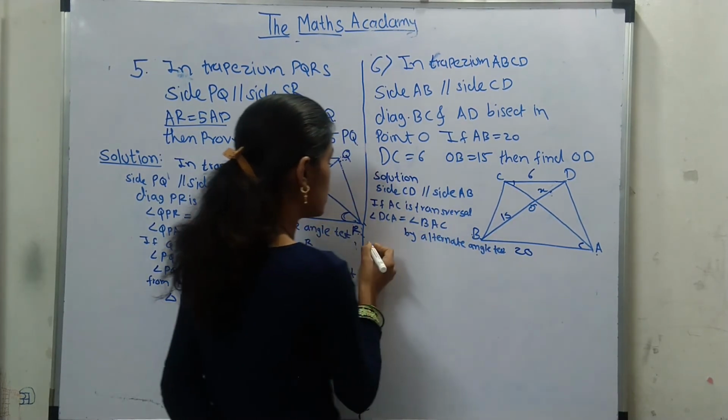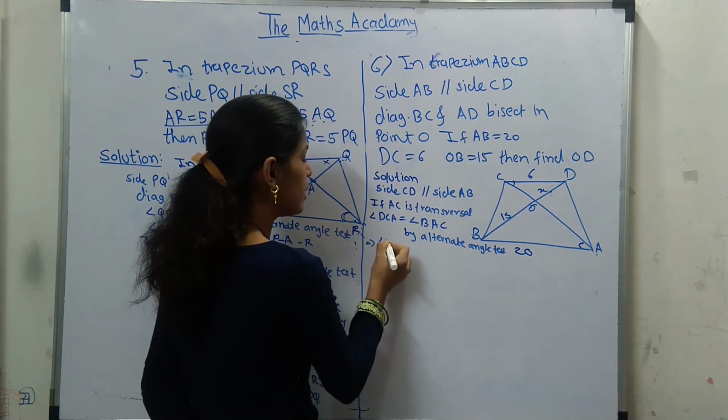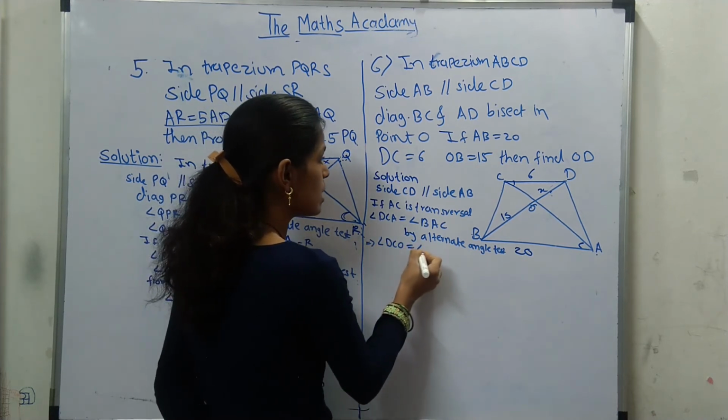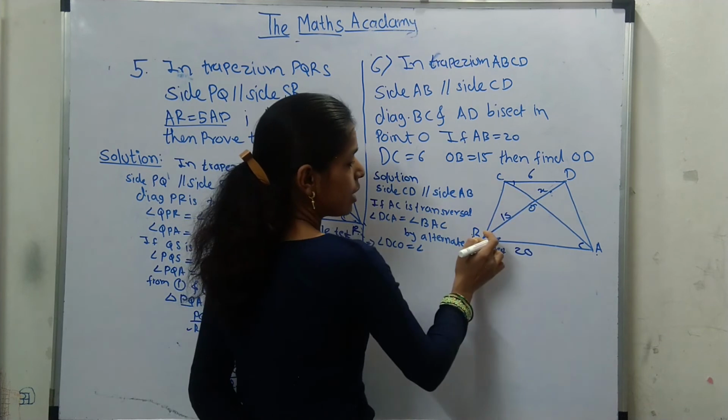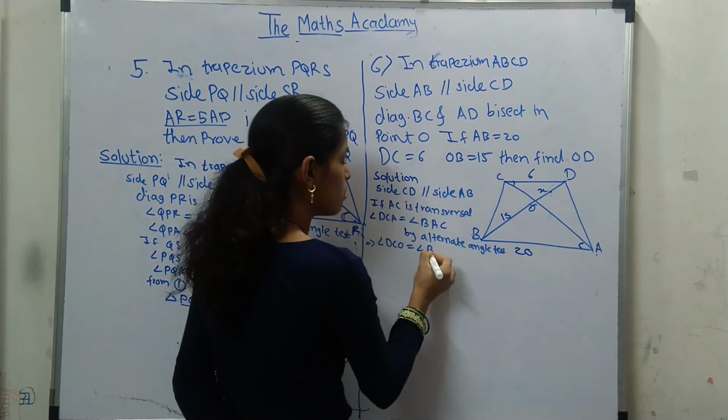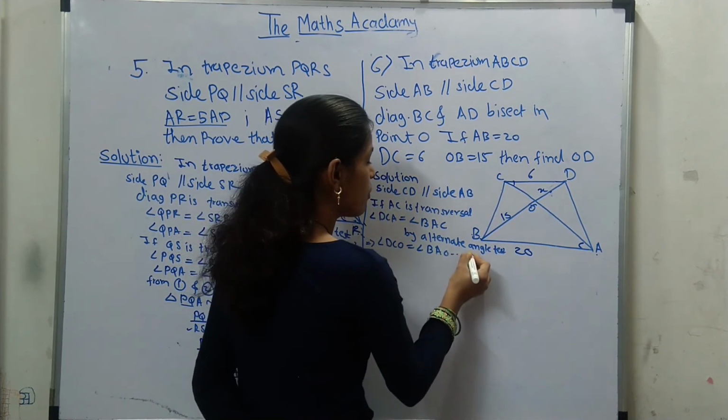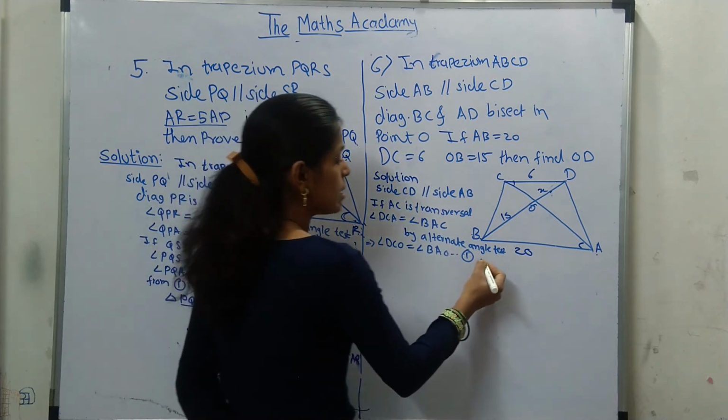Now this implies that angle DCO is equal to angle BAO. This is the first result that we have obtained.